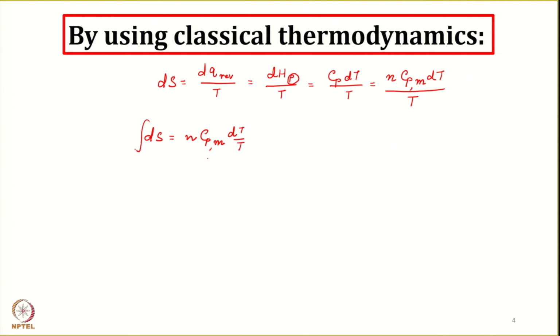Now let us carry out integration on both sides. When the temperature changes from Ti to Tf, that means S at Ti to S at Tf, what I have is delta S is equal to n Cpm log Tf over Ti.